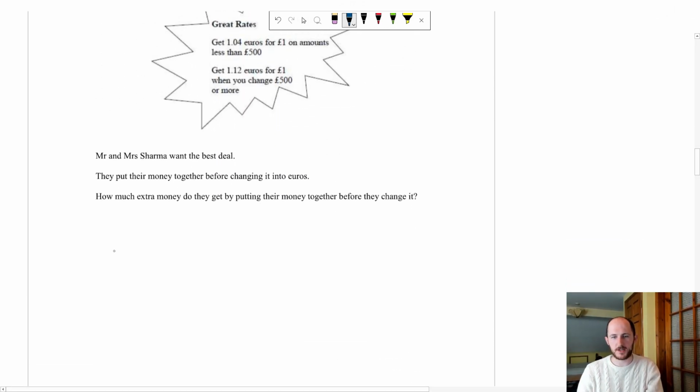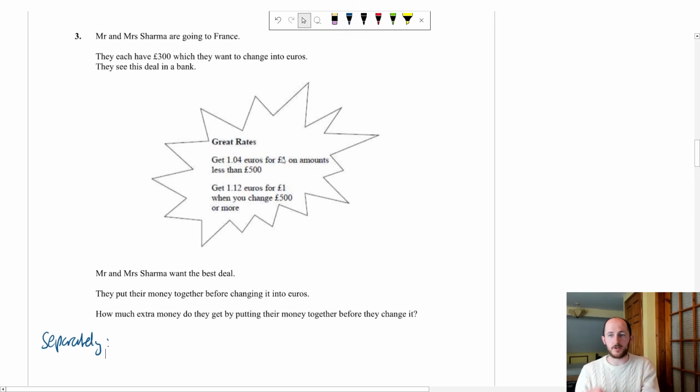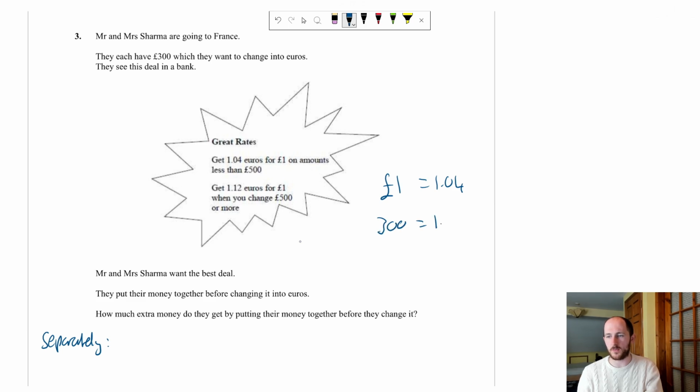So if we say Mr. Sharma, in fact, if they do it separately, well, they're exchanging £300 into euros, and it says you get 1.04 euros for every £1. So in other words, £1 equals 1.04 euros. So if we're doing £300, all we need to do is do 1.04 times 300, which I'm going to do on a calculator.